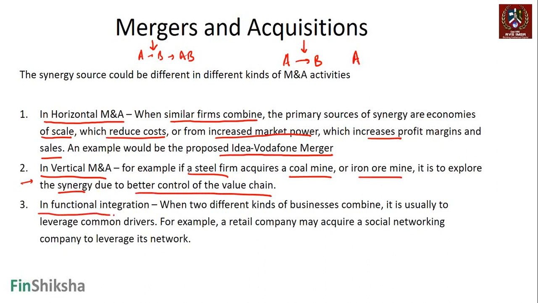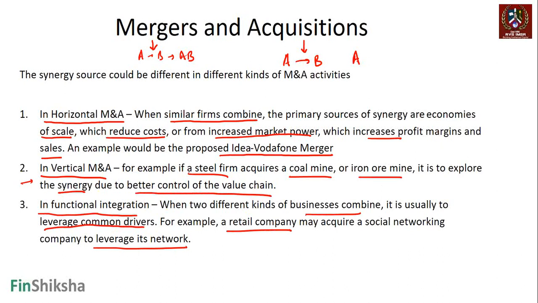Then the third could be a functional integration, where two different kinds of businesses combine. There may be no direct link, they may not be in the same market itself, but they are trying to leverage some common drivers. Just as a hypothetical example, a retail company may acquire a social networking company in order to leverage its network. For argument's sake, there is a network that something like Facebook has created.